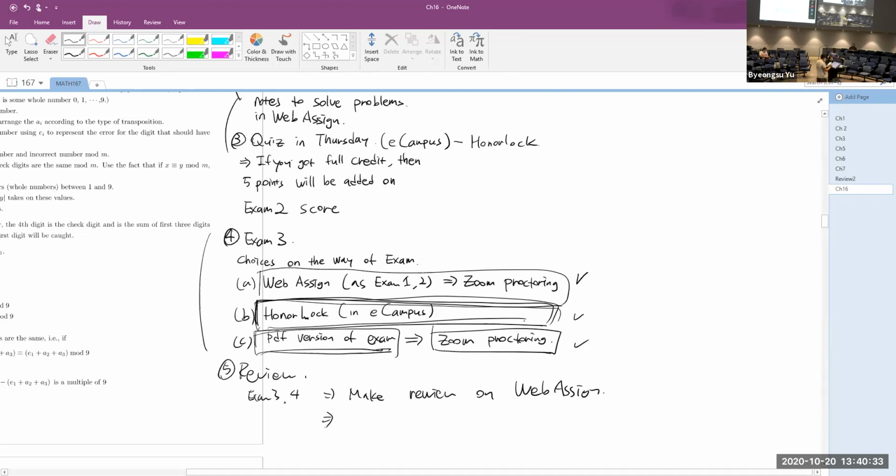And in the review session, I will serve with you on Zoom using WebAssign. So I will not give you a handwritten version, and the solution will be given in eCampus. In case I made WebAssign review questions, the answers are also in the WebAssign questions, so maybe you can figure it out much easier.